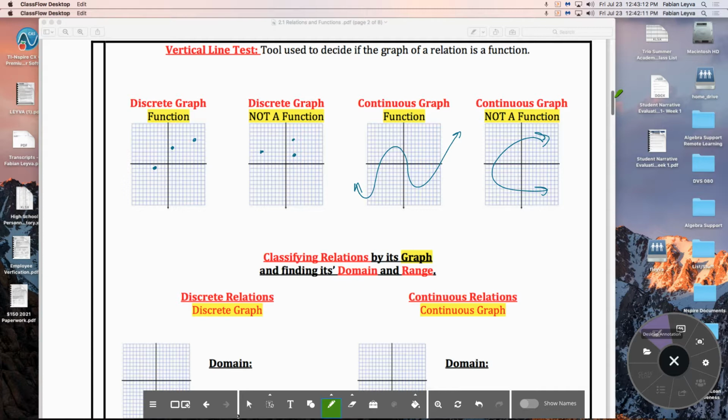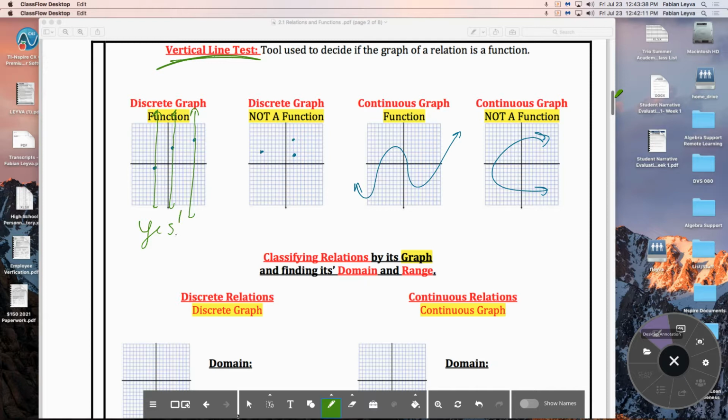But remember your definition of a function. It is a specific relation in which every x value has exactly one y value. So how in the heck are we going to figure out which one's true? Well, the vertical line test makes it easy, because if you draw a vertical line and it only crosses your graph once, it is a function.